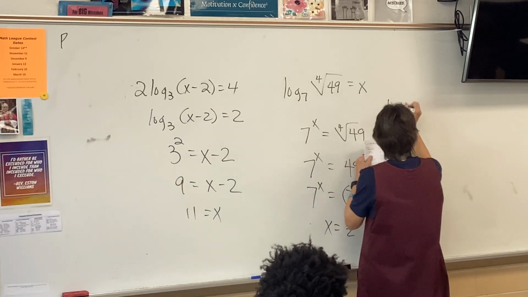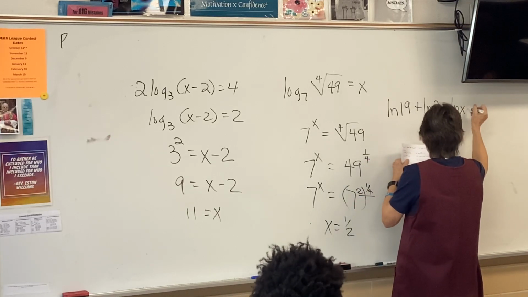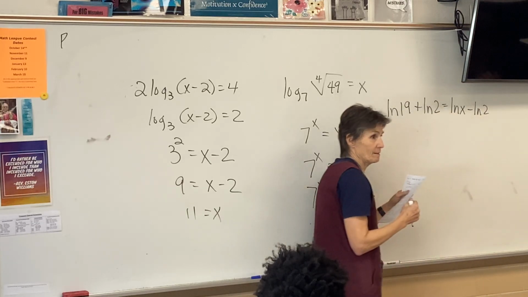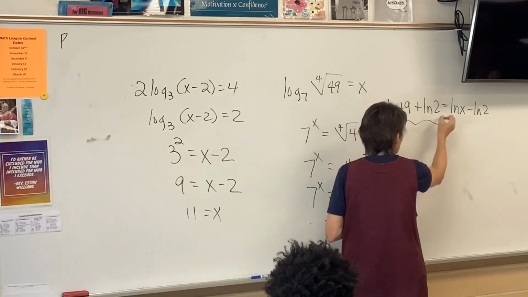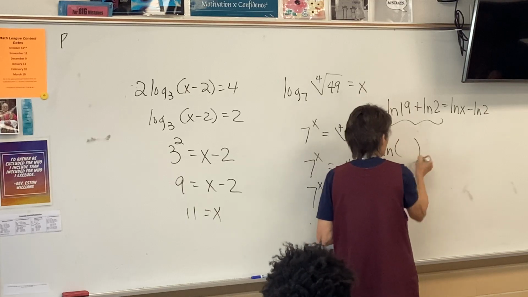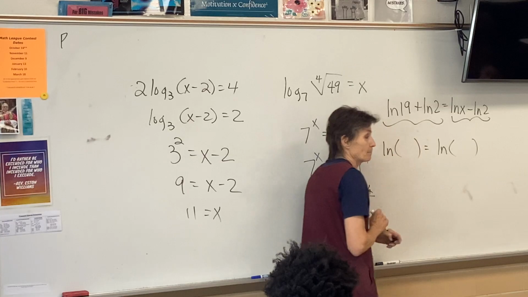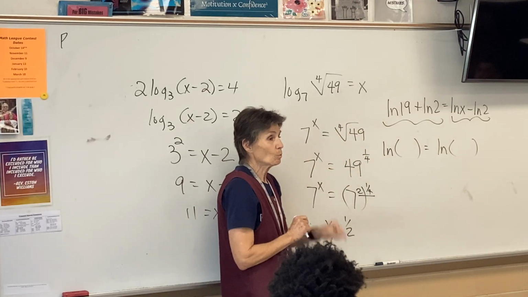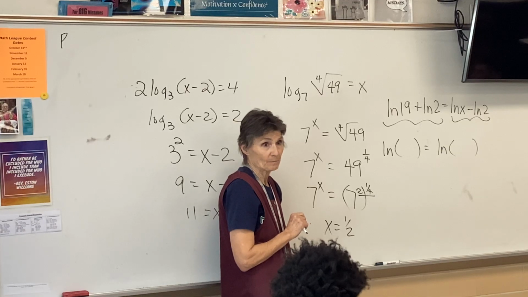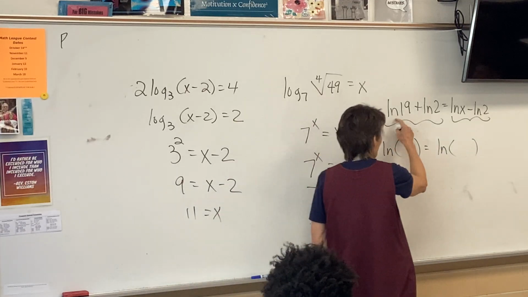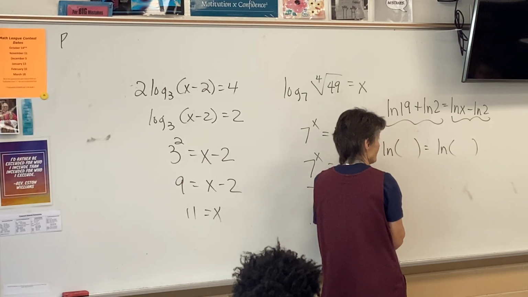Now D, we have a problem right from the beginning. There are way too many logarithms. So we have to condense these into ln something and these into ln something. You never want 2 logs on the same side of the equation. All right? So what's going to happen with these two? 19 and 2 have to be combined. How are they going to be combined? Multiplied.